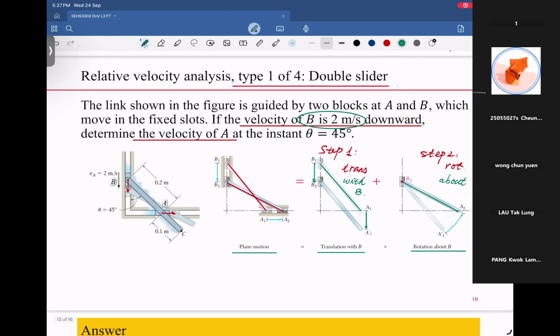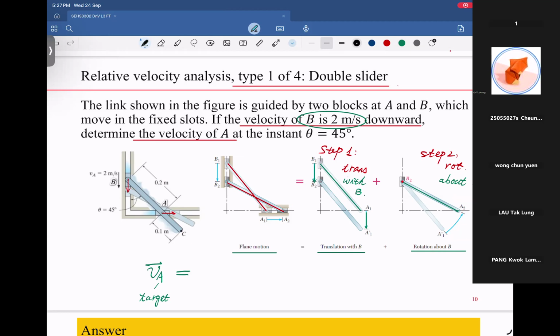Therefore, it's easy to explain V_A, right? How to find V_A? A is the target point. The target point's velocity has two parts.